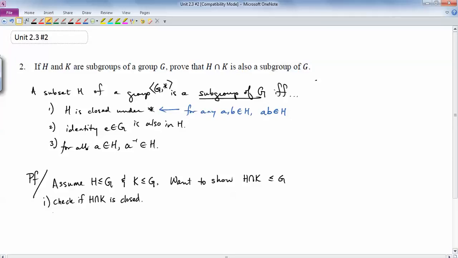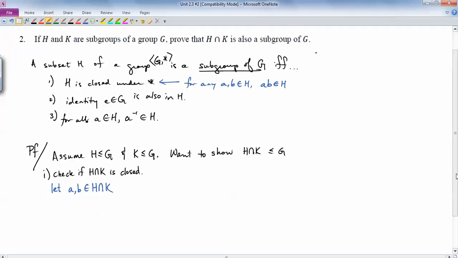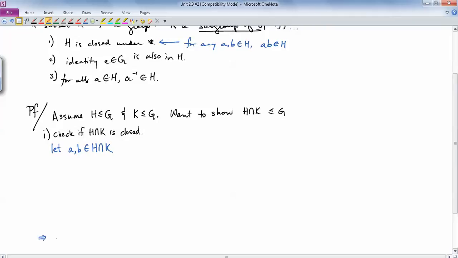All right, so we're gonna pick. Let's let A and B be in H intersect K. And the goal is down here to get that therefore A times B, or A star B, or AB, is also in H intersect K. Okay, so if A and B are in H intersect K, then A and B have to be in H, and A and B have to be in K, because that's the definition of intersection.